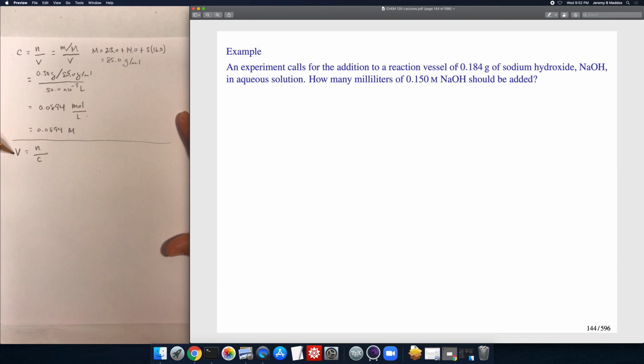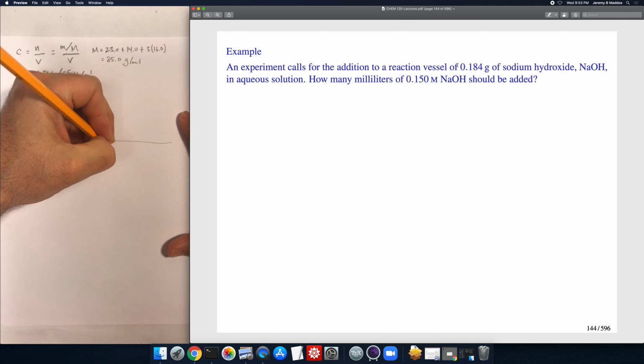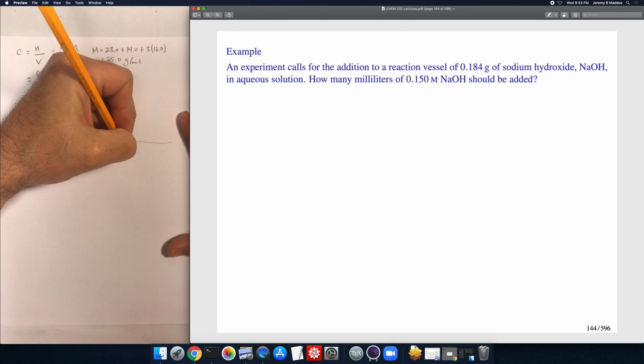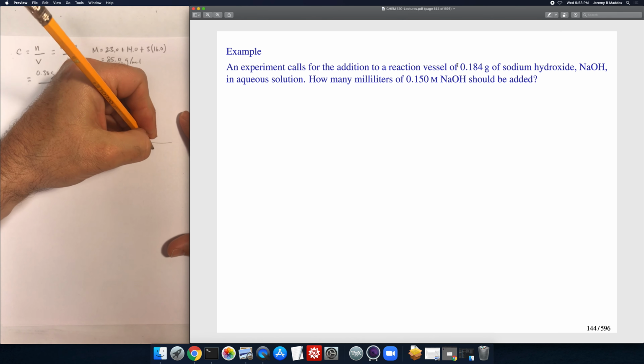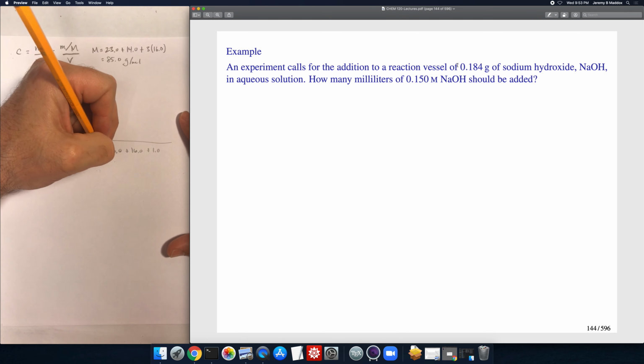Since we're not directly given the number of moles, we can also do the same trick where we plug in the mass and divide by the molar mass, substitute that in for the number of moles, and divide that by the molarity instead. So we will need the molar mass. We'll take that to be 23.0 for sodium, plus 16.0, plus 1.0 for the hydrogen.